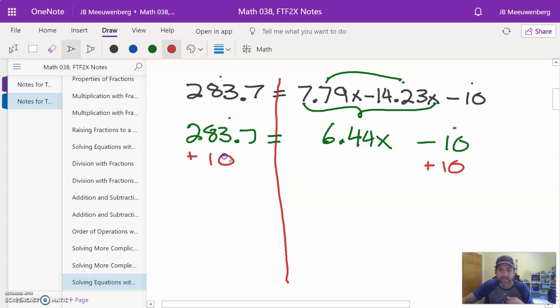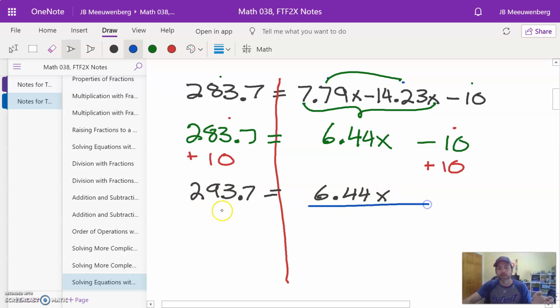We're going to add 10 and get 293.7 equals 6.44x. All right. Now we get to a spot where we have a term on the left and a term on the right. One term has a variable, the other does not. We always divide by the coefficient, which is the number that's being multiplied by the variable.